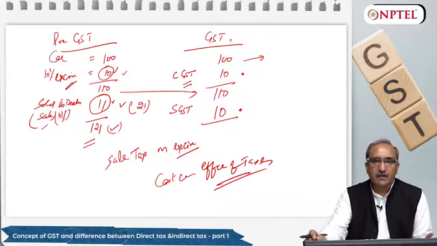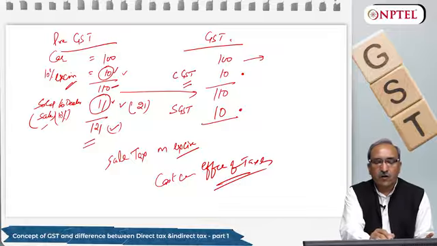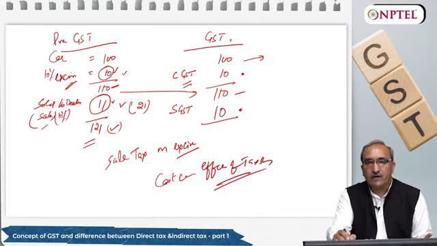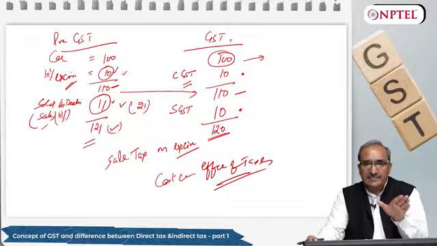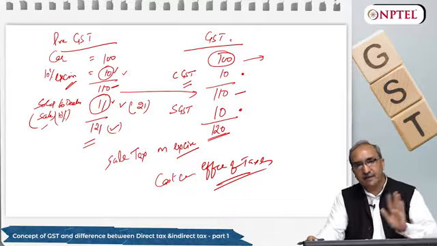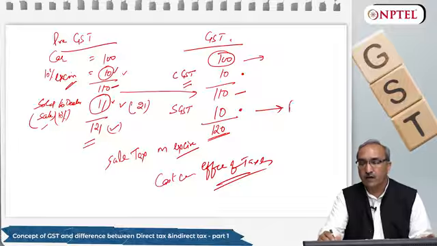Earlier what were we doing? Earlier we were paying sales tax on 110. Here we are not paying on 110, we are paying it on 100 rupees only. So my car value to the customer is 120. This simple change in the pricing mechanism under GST has reduced the price of a car by rupees 1.